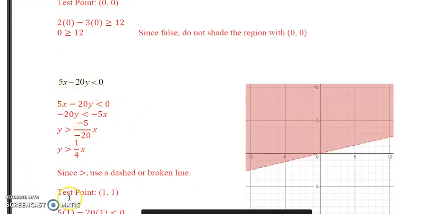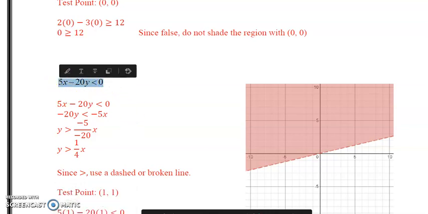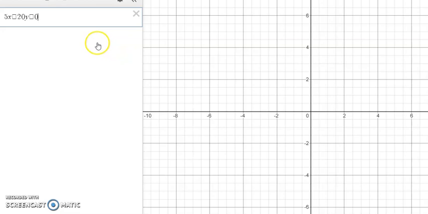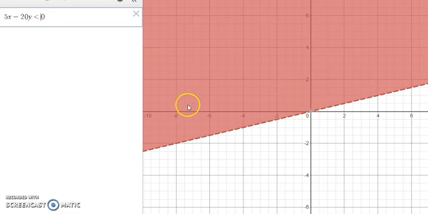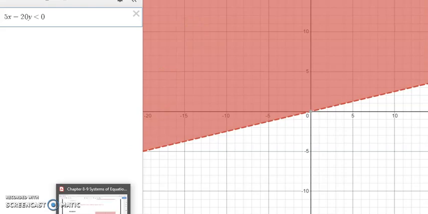We have 5x minus 20y is less than 0. And you see that graph there. It shades it for you. This is a great check for when you're doing these by hand, and you can just take a look to see if your graph looks similar to the ones that we've done there. So it's a great resource for when you're working with those for sure.